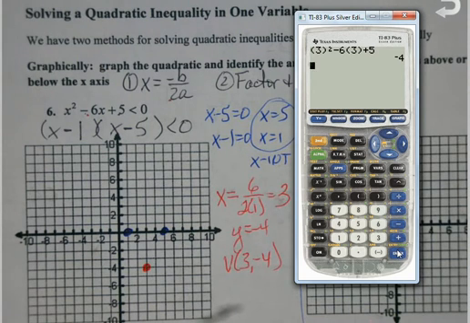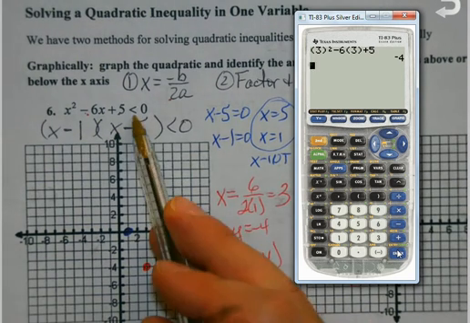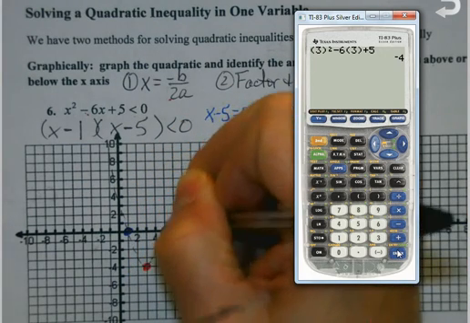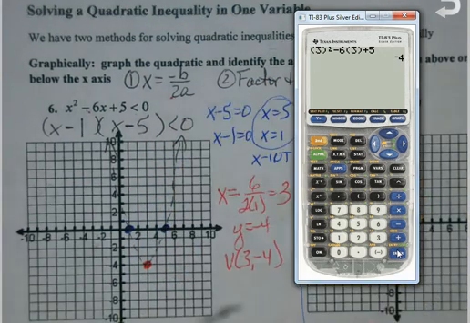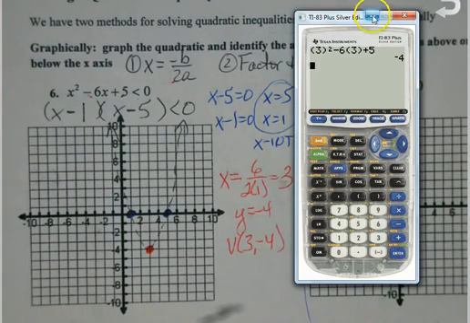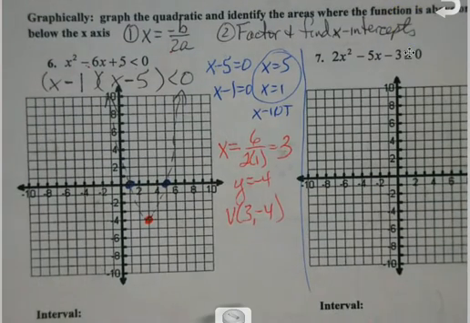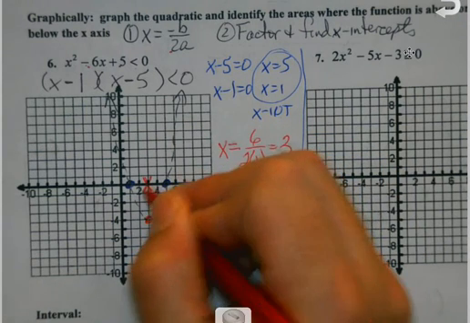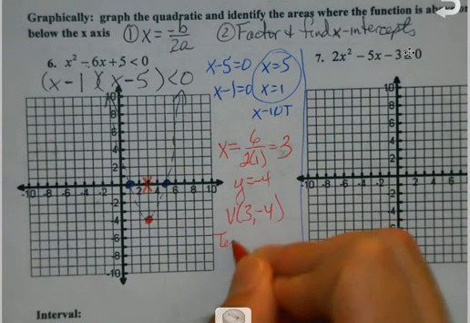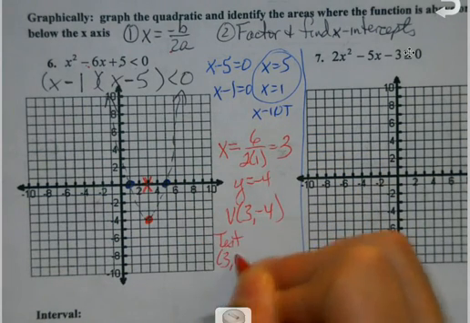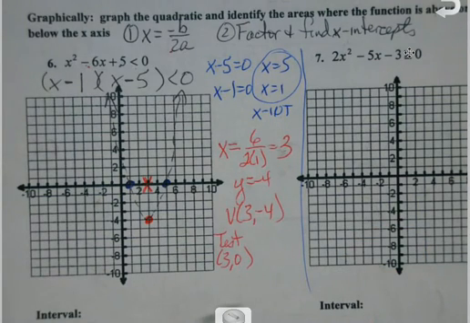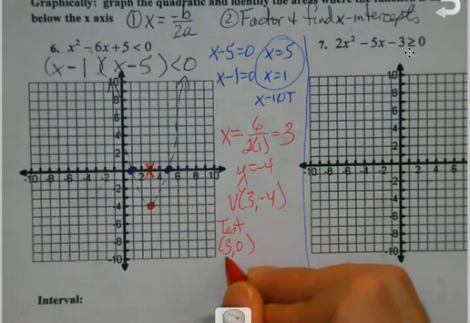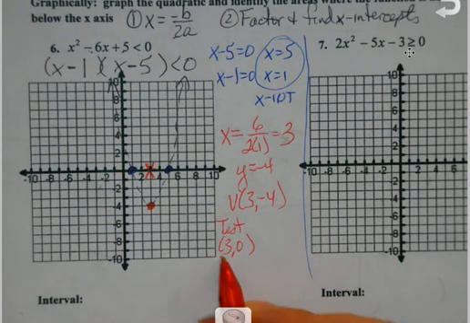So all I got to do now is say, okay, we're going to be going dotted. And I do my test point. I'm like, that looks pretty safe. So if I test 3, 0. You're like, there is no place to plug the y value.